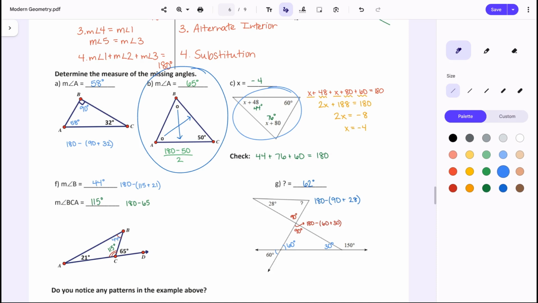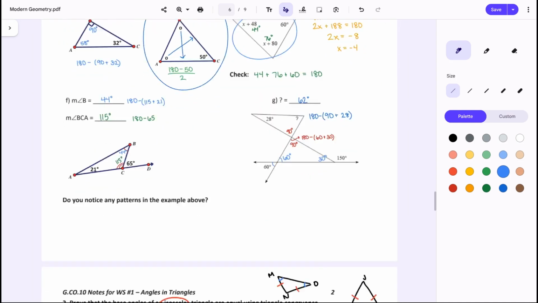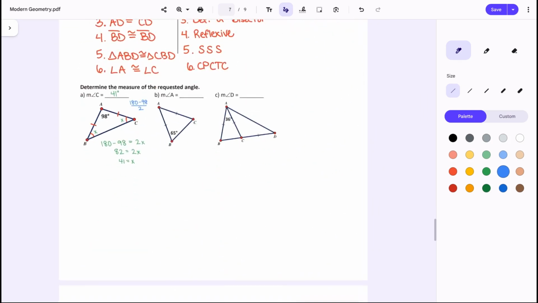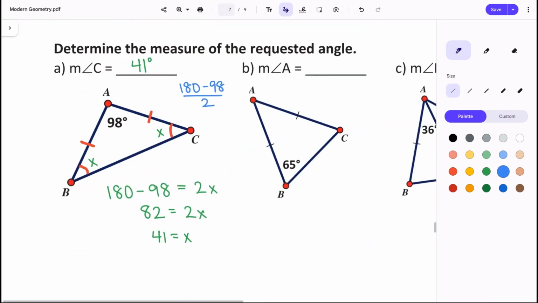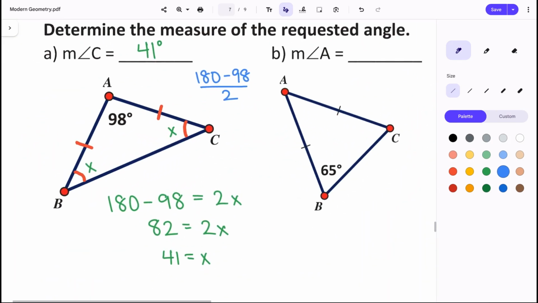So that's also an okay way to approach this. I know for some students that actually makes more sense, to call what they don't know a variable, because then they can set up an equation and solve it, since they feel really comfortable with that. But that was two different ways to solve that same problem. You both get 41 degrees, whether you used x's or you didn't.